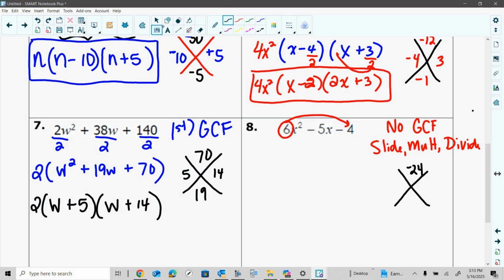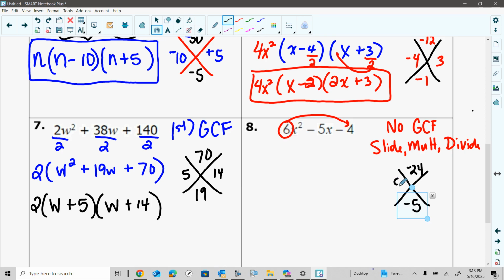The middle term here is a negative 5. So I'm doing my factors of 24 with a sum of negative 5.